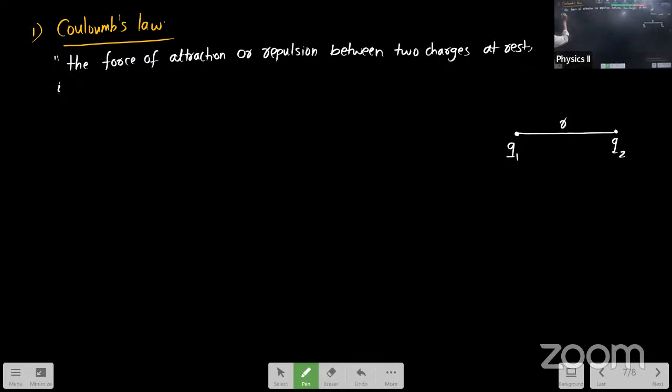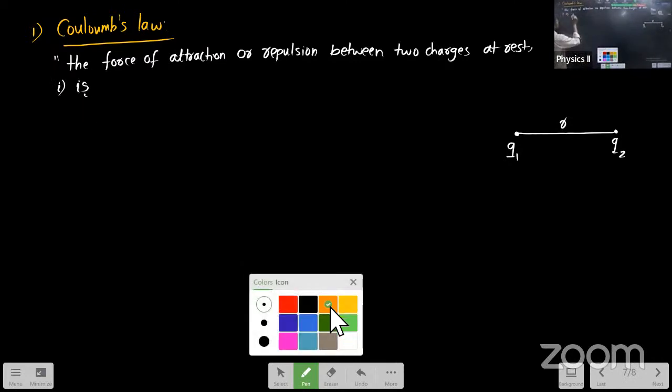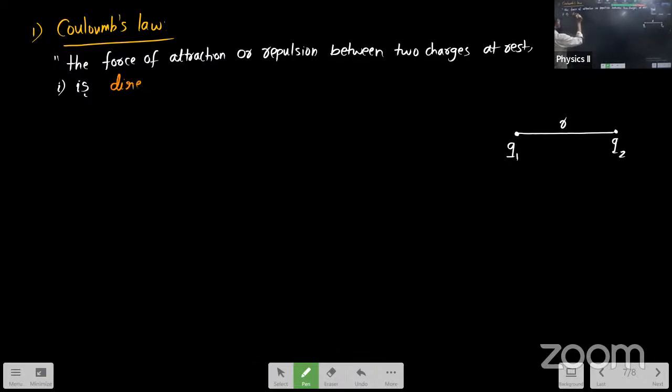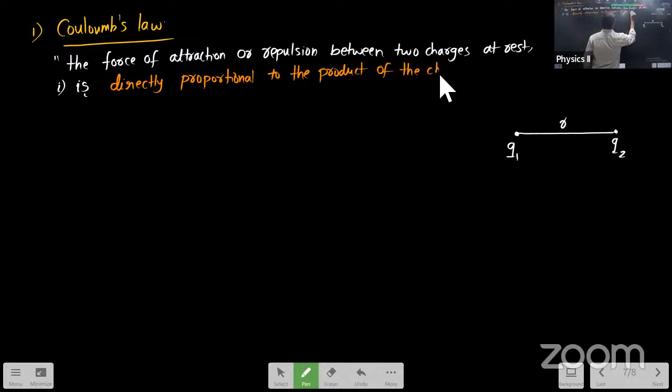The first point you are supposed to write is: directly proportional to the product of the charges. What does it mean? It means that the force of attraction or repulsion is directly proportional to the product of the charges, Q1 into Q2.